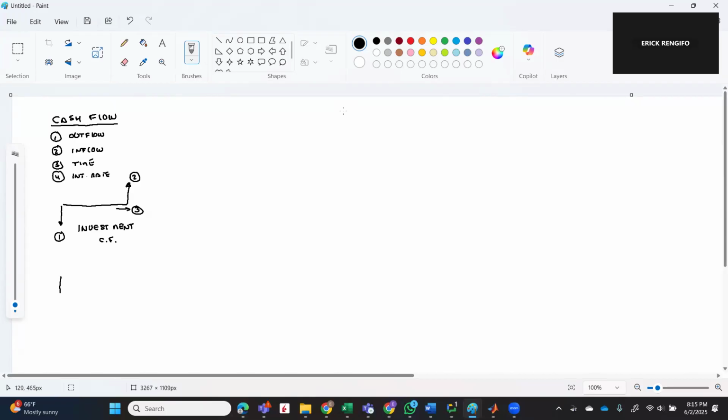Now, if you receive money first, for example, when you buy a car or a house, and then you have multiple payments in time, this is called a financing cash flow. Make sense?